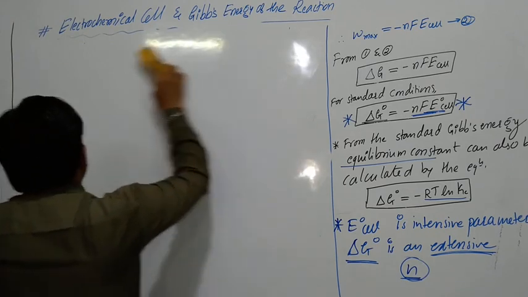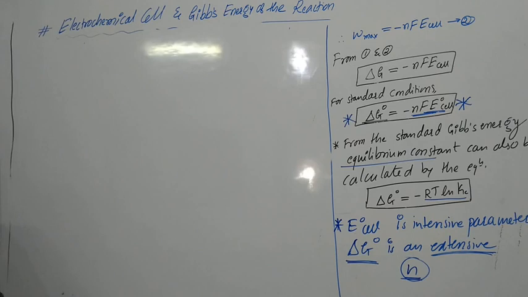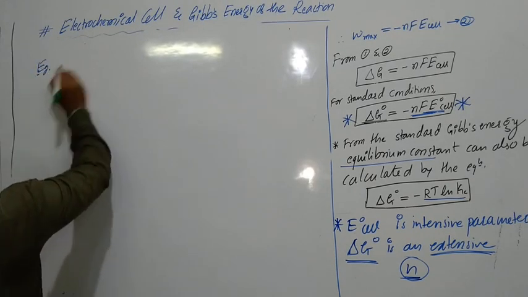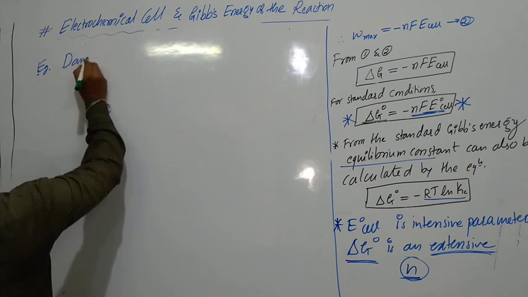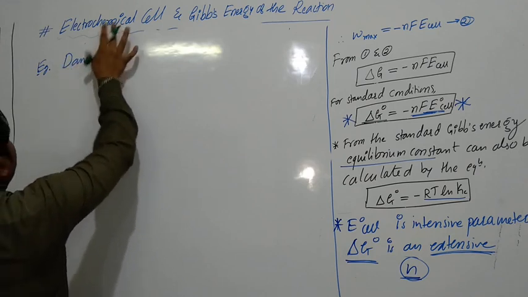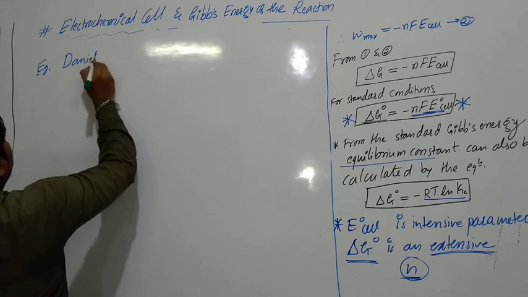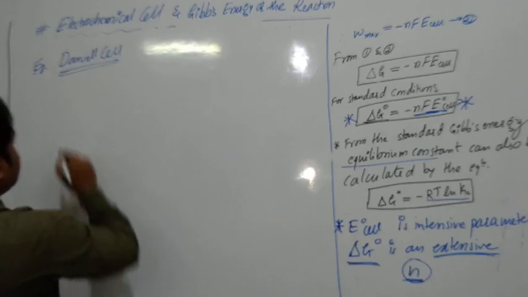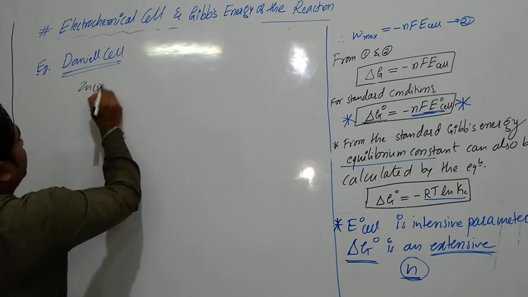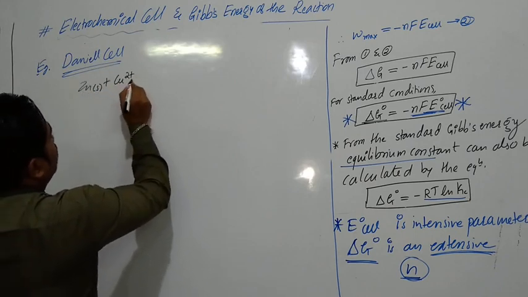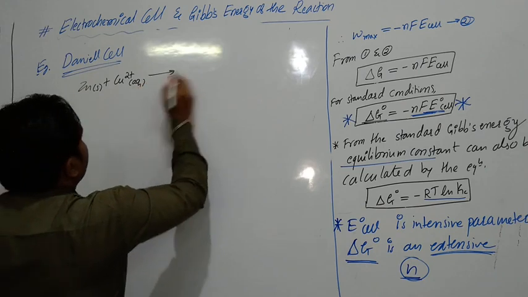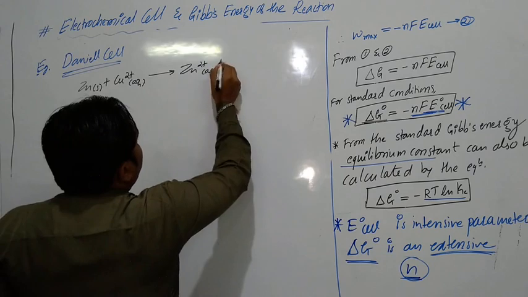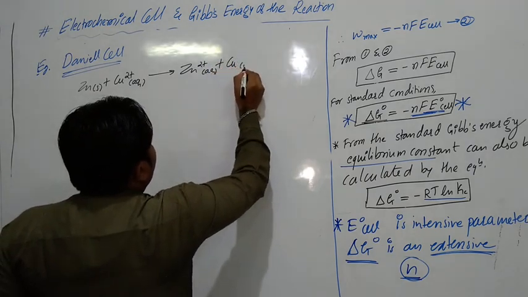So let us take the example and write the delta G naught value. Example for Daniel cell. What is the chemical reaction taking place in Daniel cell? Here Zn plus Cu2+ gives Zn2+ plus Cu.